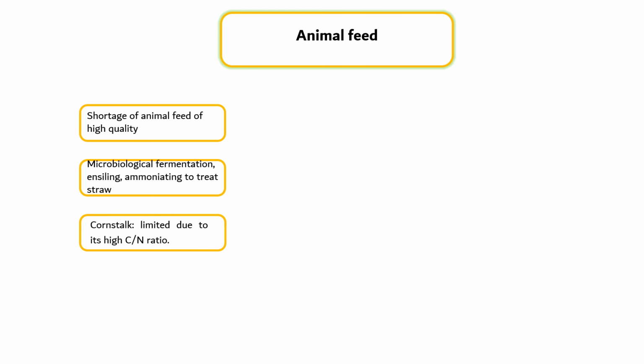Corn stalk is the main source of traditional feedstuffs, but its application is limited due to its high C to N ratio. Recent methods have shown steam explosion coupled with ammonia pre-soaking can significantly increase the nitrogen content of straw, and the recycle cost is high even though the ammonia can be reused.